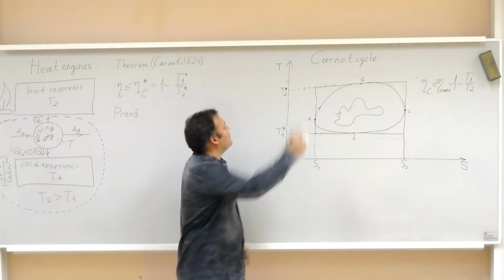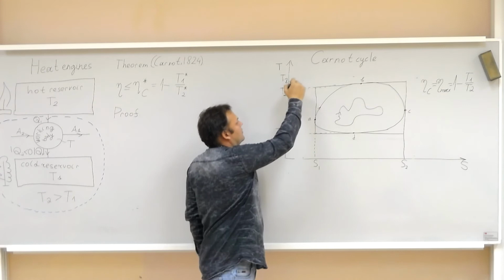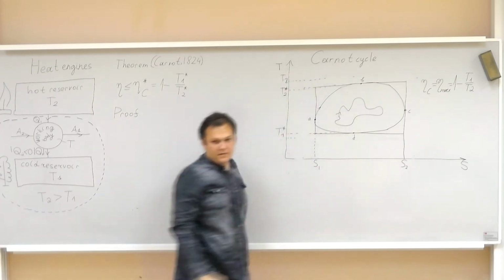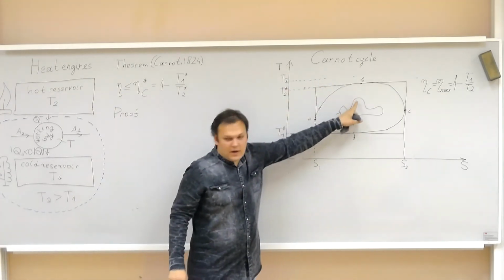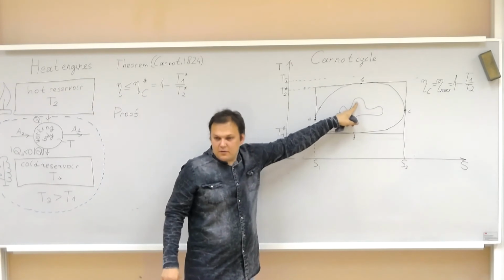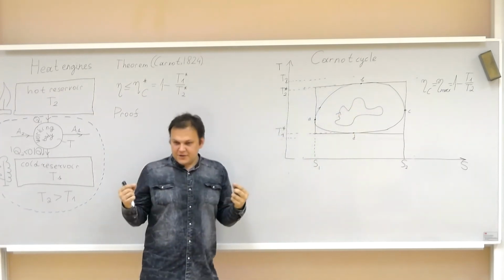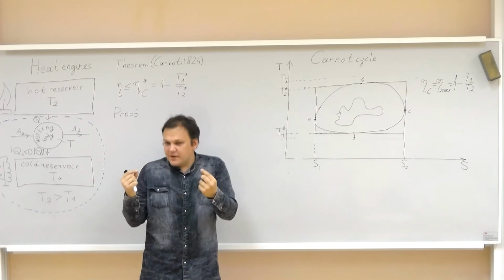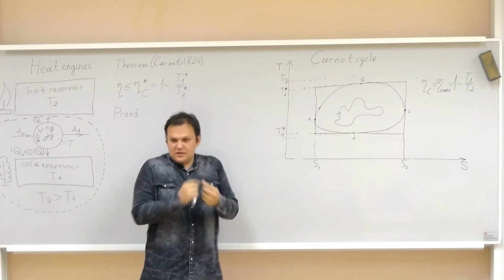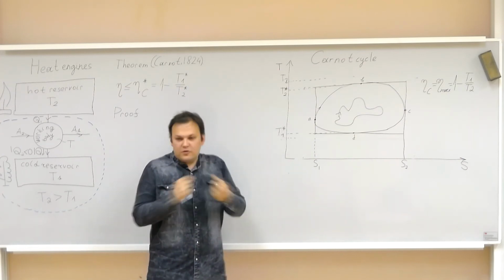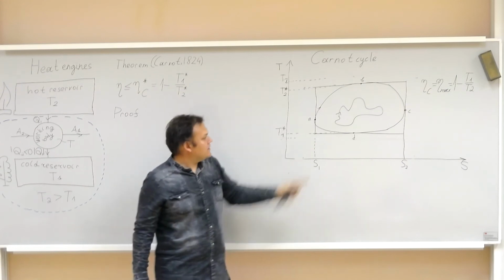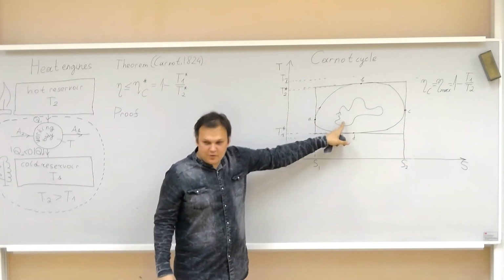The temperature of the hot reservoir is T2. It's somewhere here. The temperature of my working body is lower. So we have interaction of two bodies with different temperatures. This process is not reversible. That's why this cycle is not reversible.